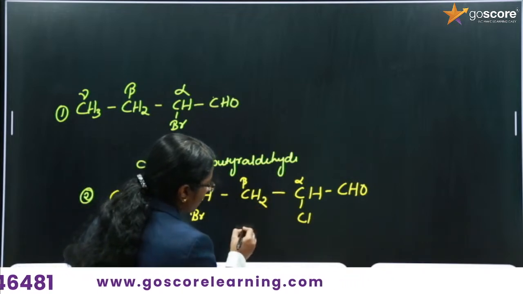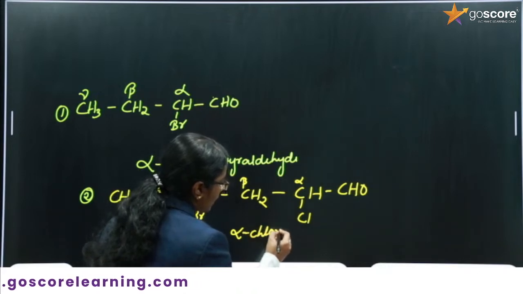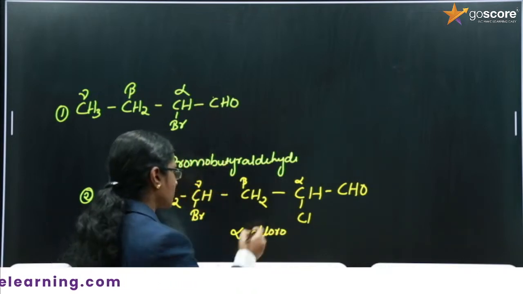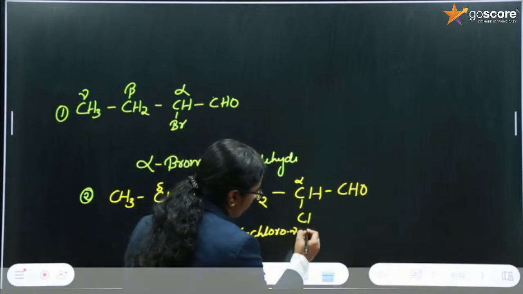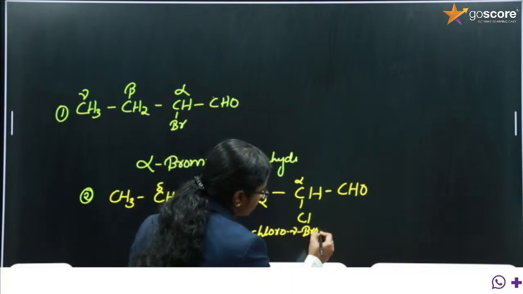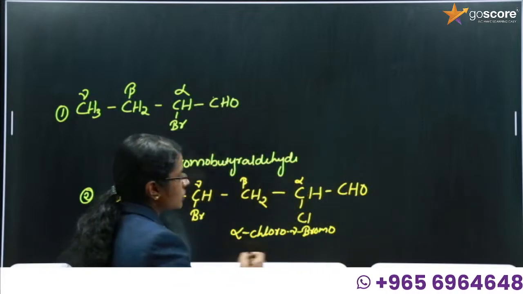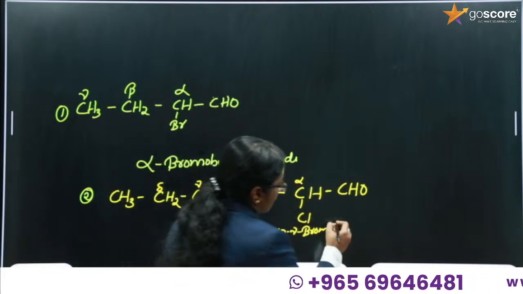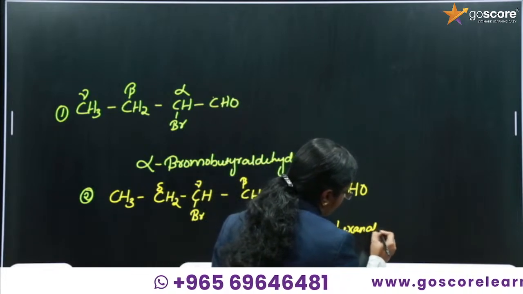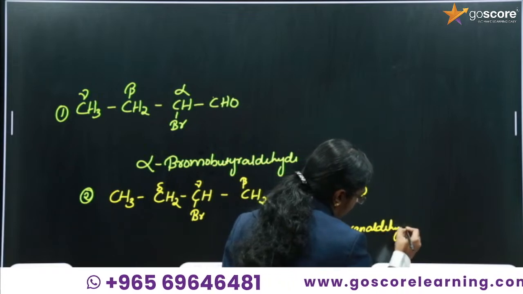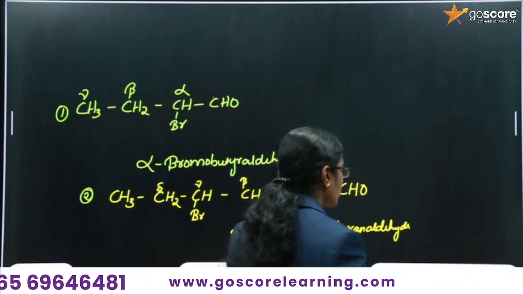So you will obtain alpha-chloro, gamma-bromo. How many carbon atoms? 1, 2, 3, 4, 5, 6. So it is hexanal. Is that clear for you?